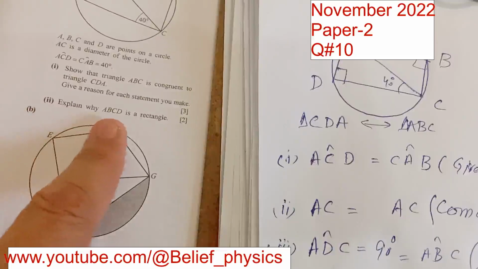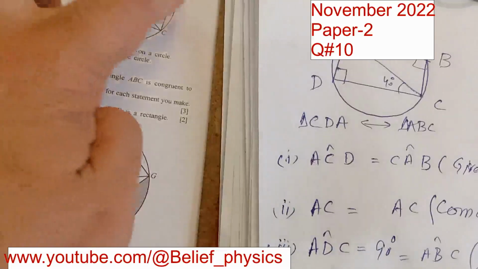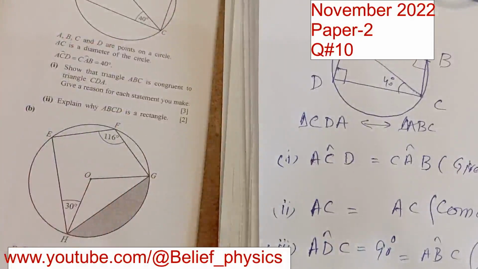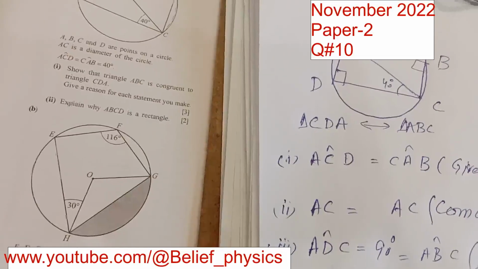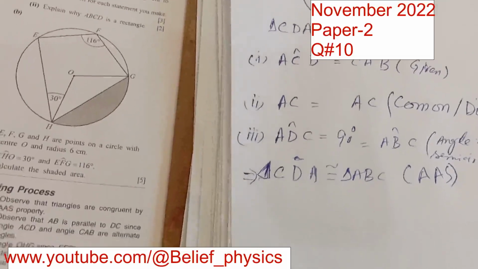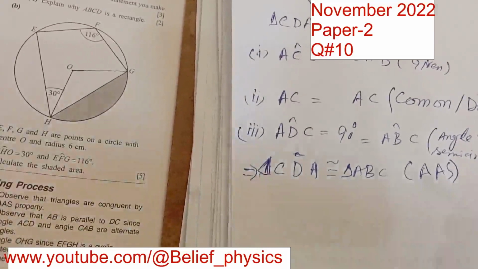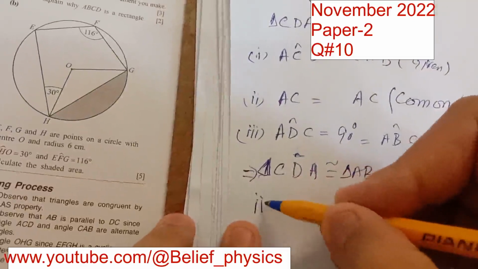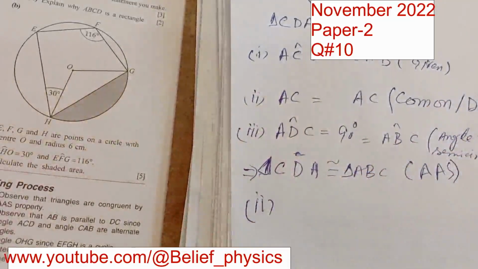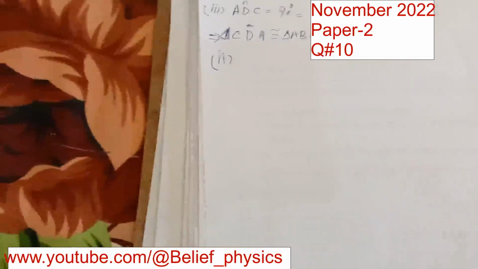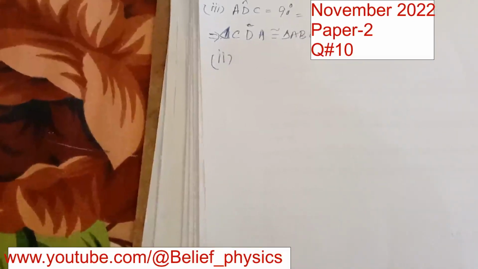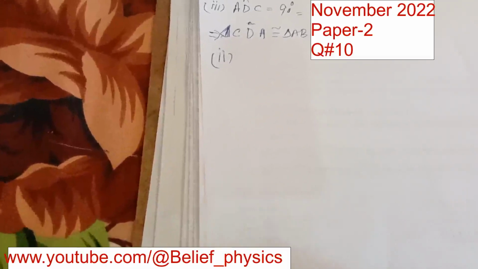The second part is: explain why ABCD is a rectangle. To be a rectangle, we have to show that all angles are 90, and it is quite easy to show that. In the second part we have to show that the given quadrilateral is a rectangle.